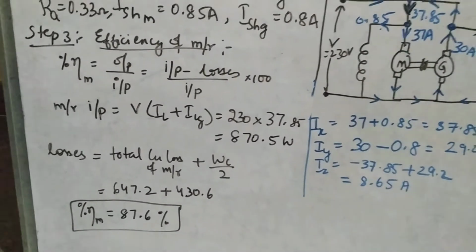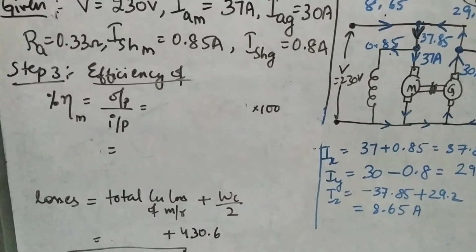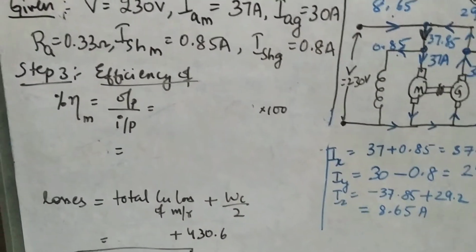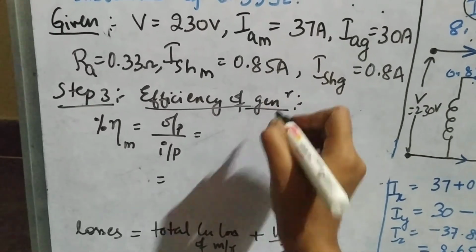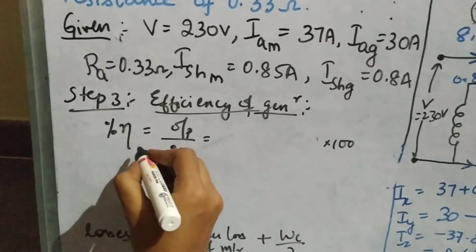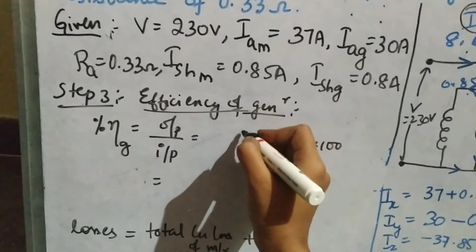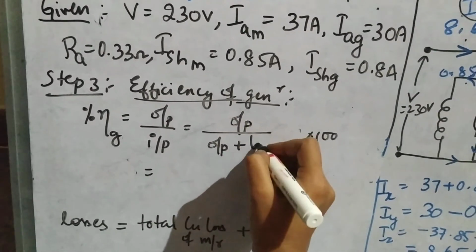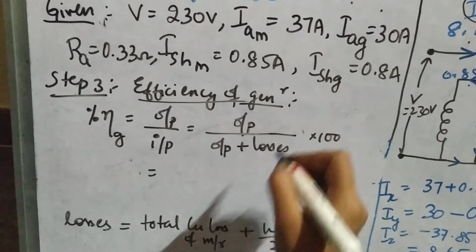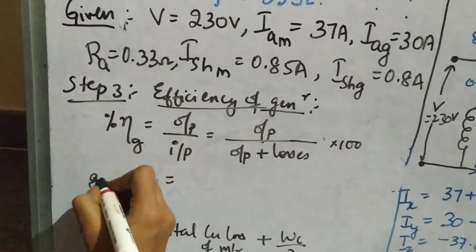Right? Similarly, let us determine the efficiency of a generator. The efficiency of generator is given by output divided by output plus losses. Okay. So what is the generator output?